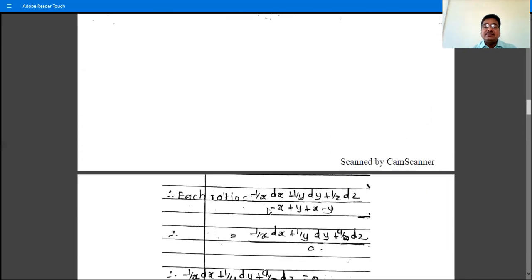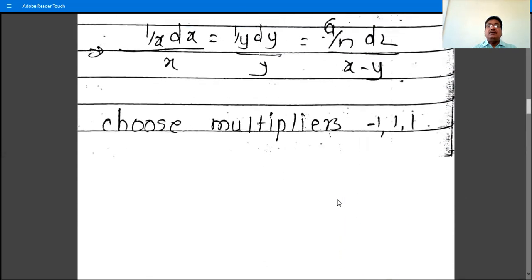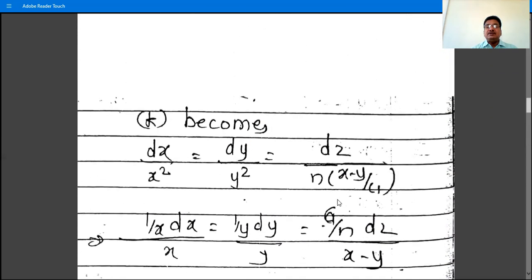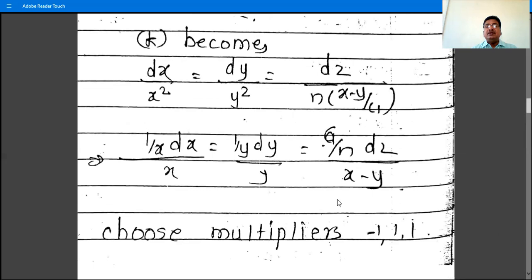So each ratio is equal to minus 1 by x dx plus 1 by y dy plus 1 by z dz. So after substituting x into y, we have this given differential equation, and so directly we say that the multipliers are what? Minus 1 by x, 1 by y, and c1 by n.